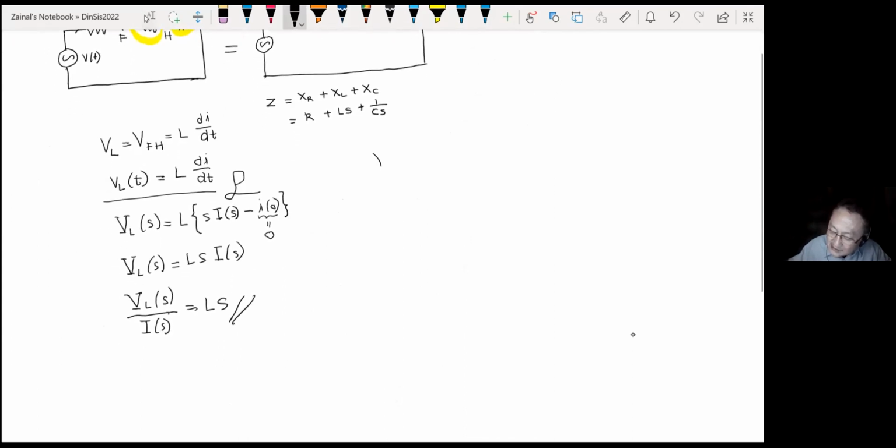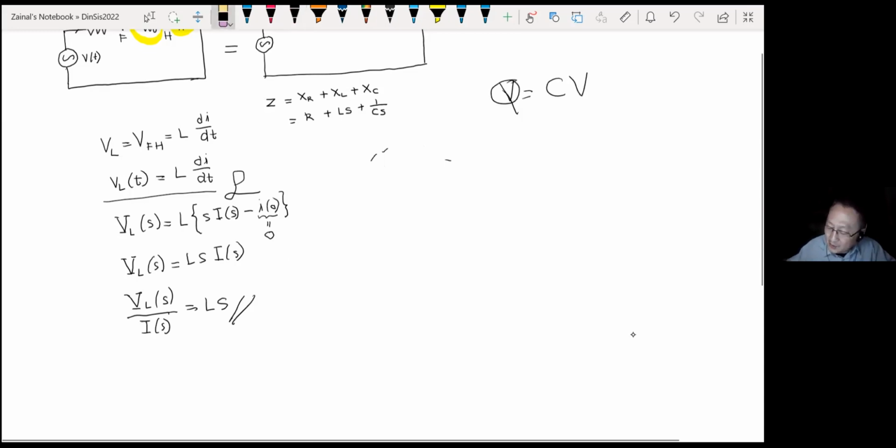VC, voltage across the capacitor, is the same with what? In a capacitor, Q is equal to CV, right?